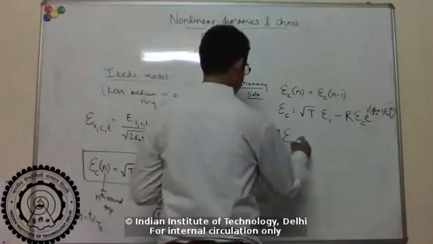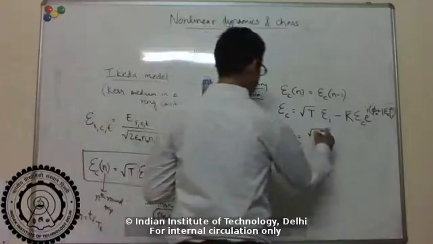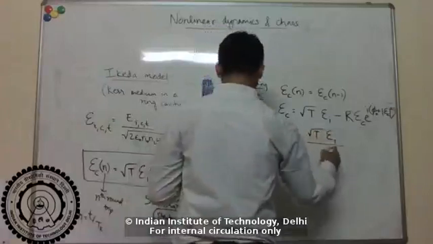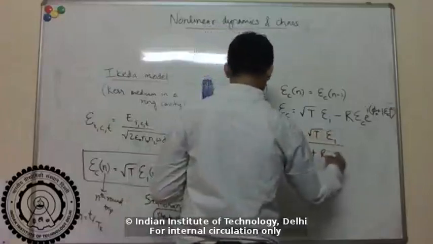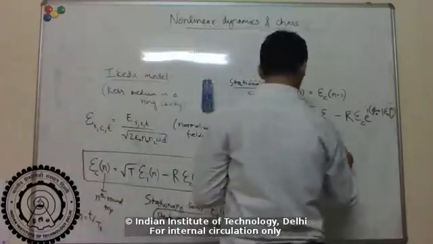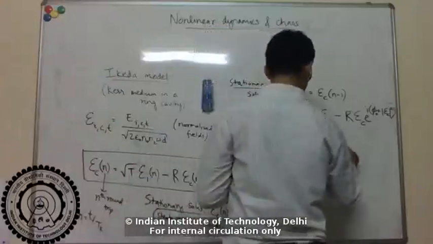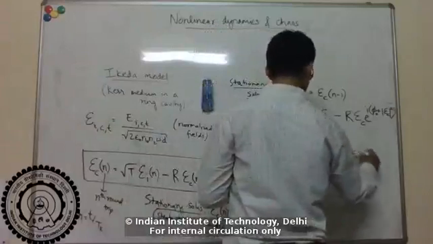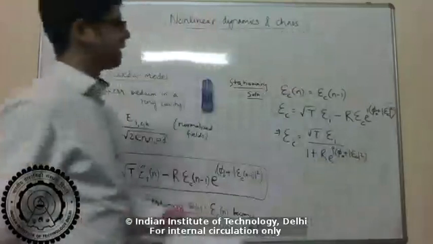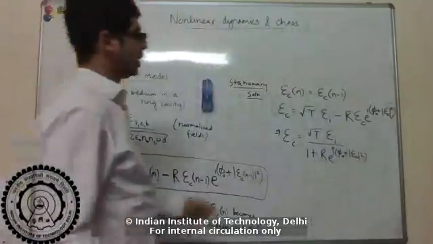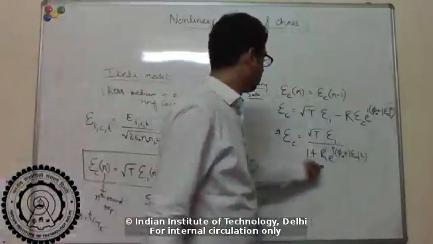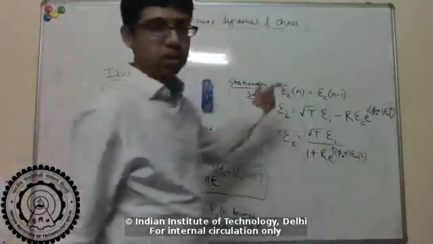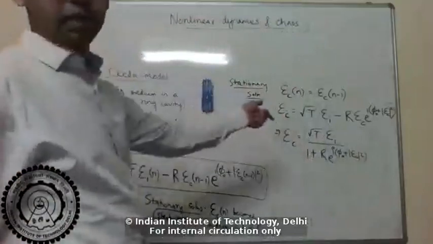Right, so from here you can write EC like that. You can see now it looks similar to the case we had for the optical bistability.